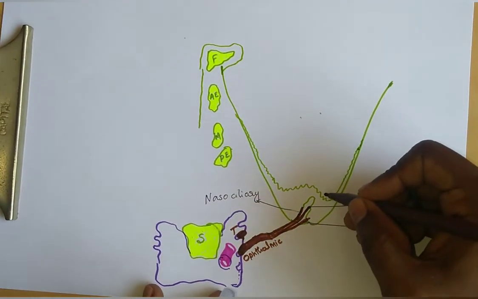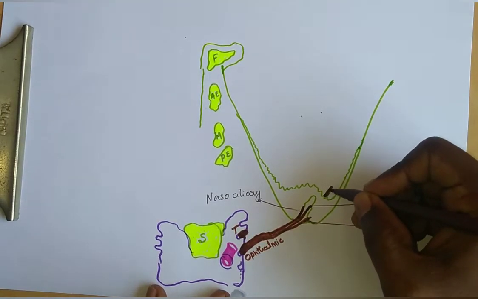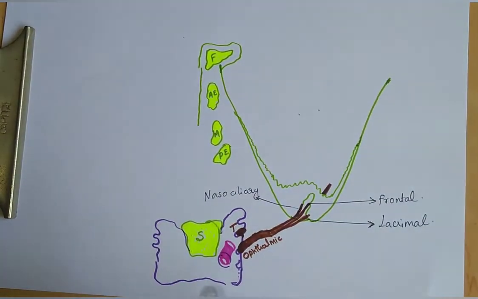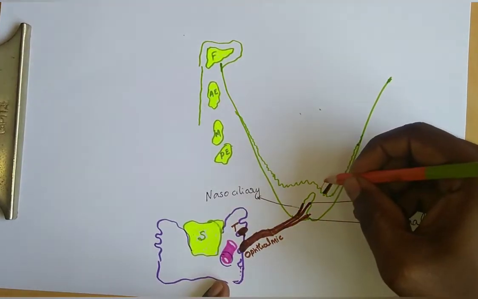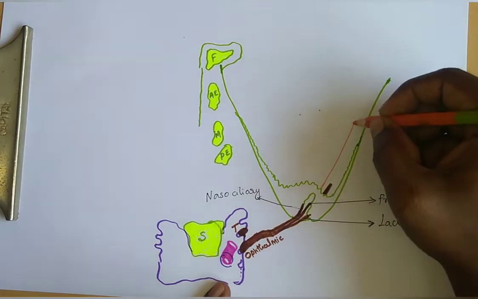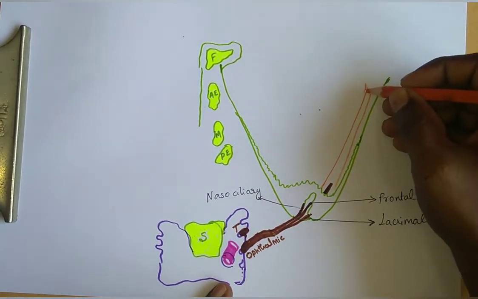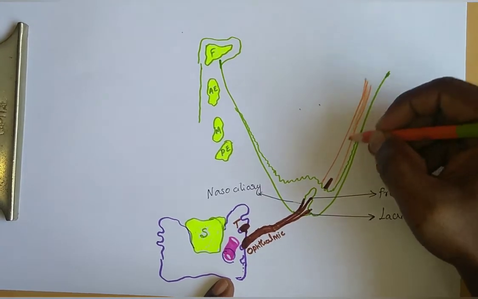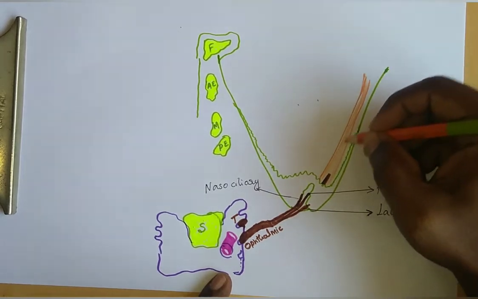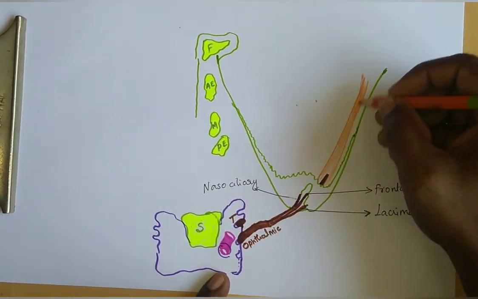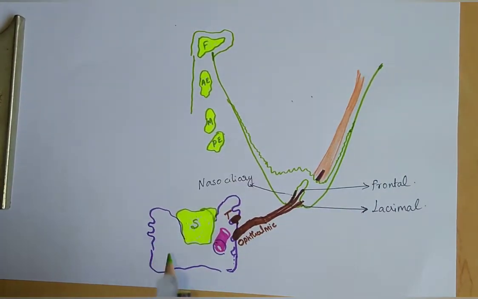Now the lacrimal nerve goes through the lateral aspect and is found in relation to the superior border of the lateral rectus. This muscle here is the lateral rectus.